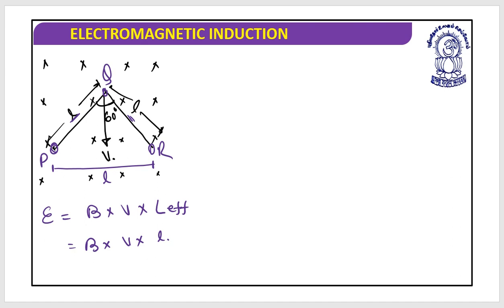So when you hold your hand such that the EMF is in the negative y direction, then you will understand that Q and R would be at the higher potential while P would be at the lower potential. This is R and this is P. I hope this is clear.